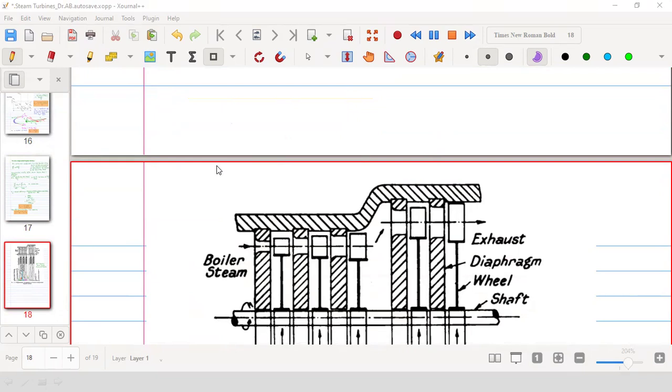I will separately take a class and then I will share. Okay. Now, this part is completed regarding the pressure compounding and related quantities related to the performance of the pressure compounding of the impulse turbine.